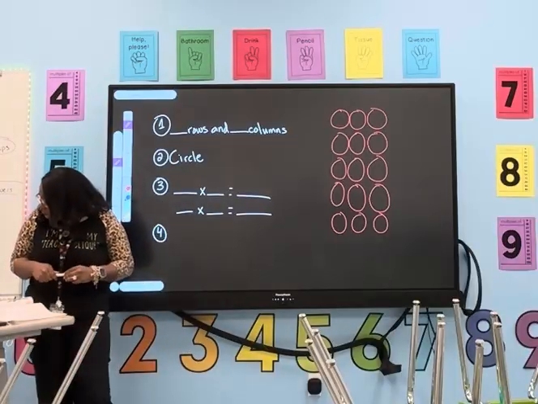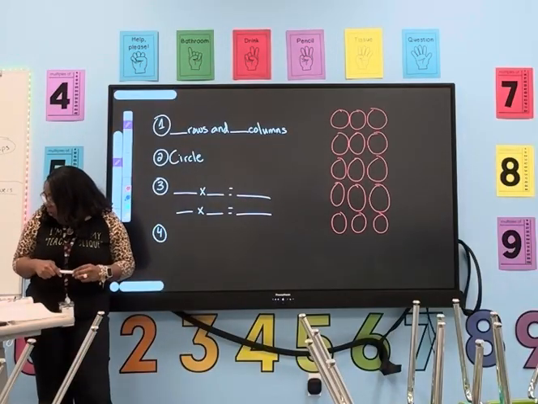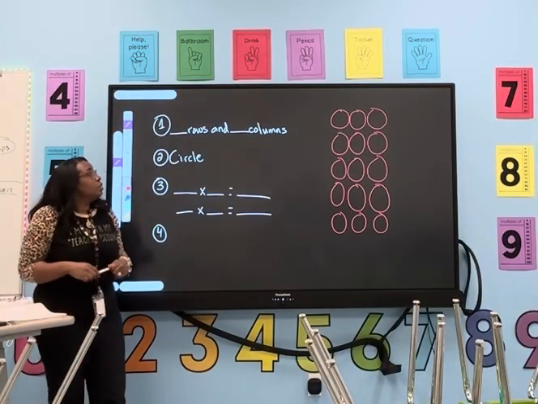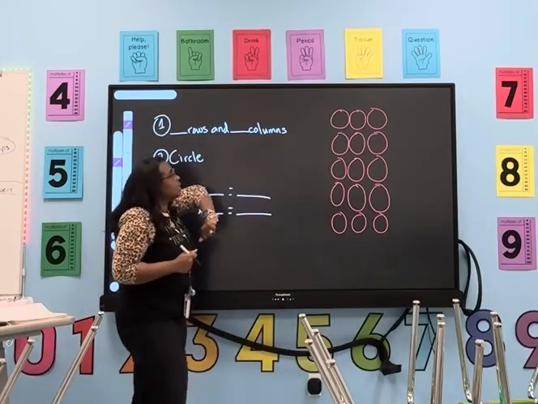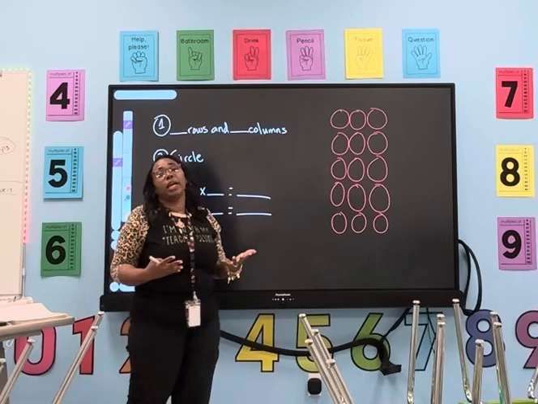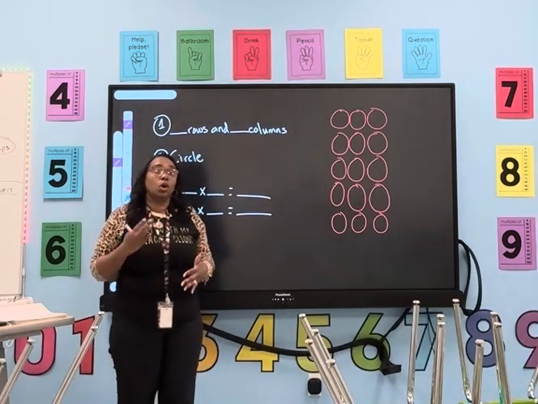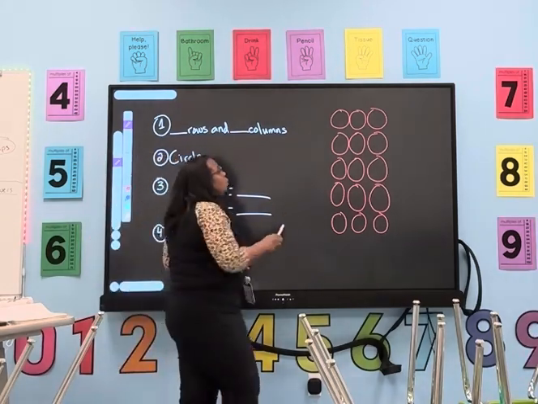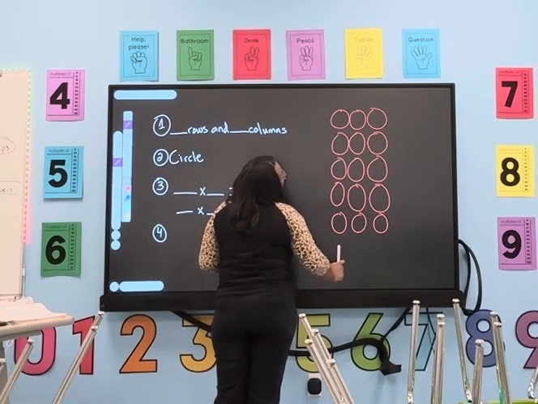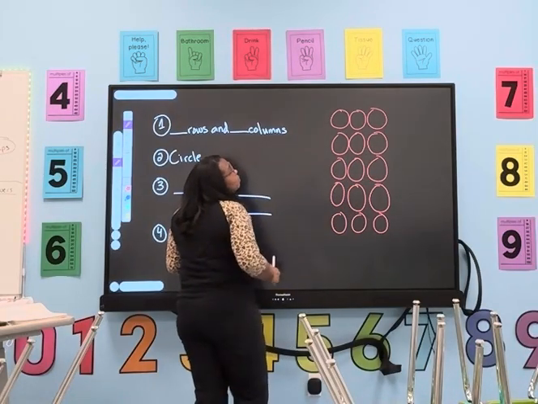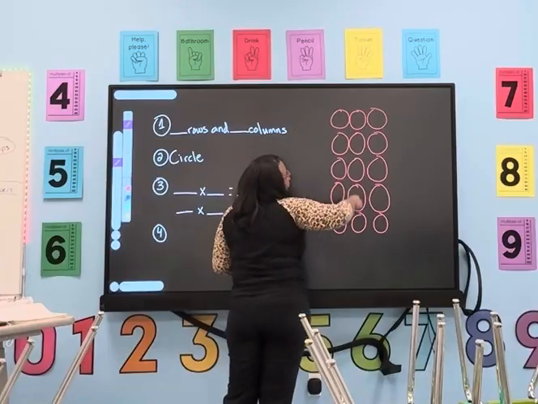For number 1, it says how many rows and columns are in the array. This is the array that I put over here on the board. Remember, arrays deal with rows and columns. Rows go side to side, or left to right, and columns go up and down.